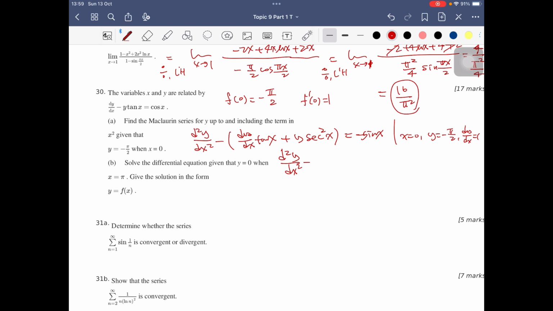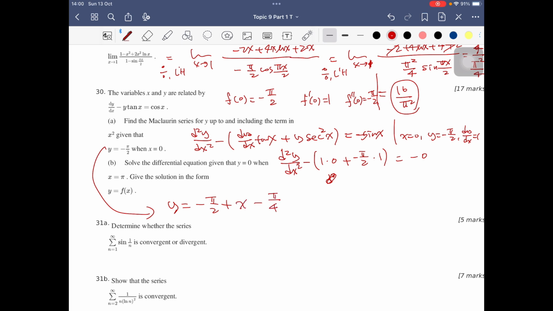So second derivative, 1, 0, negative pi over 2, 1, negative 0. So here pi over 2, which means the second derivative is negative pi over 2. So now we can find y equals negative pi over 2 plus x minus pi over 4 x squared, and so on.